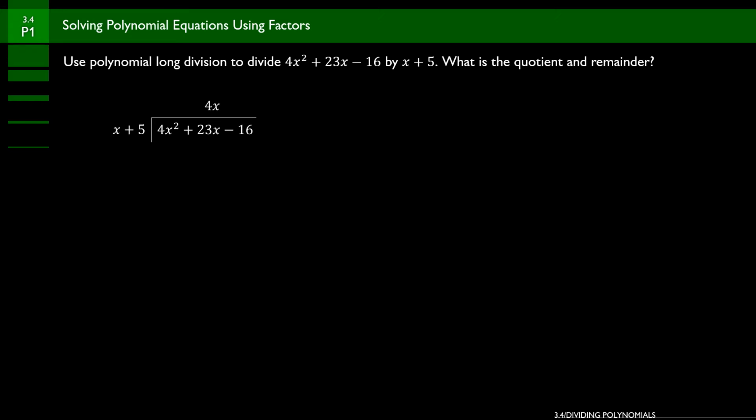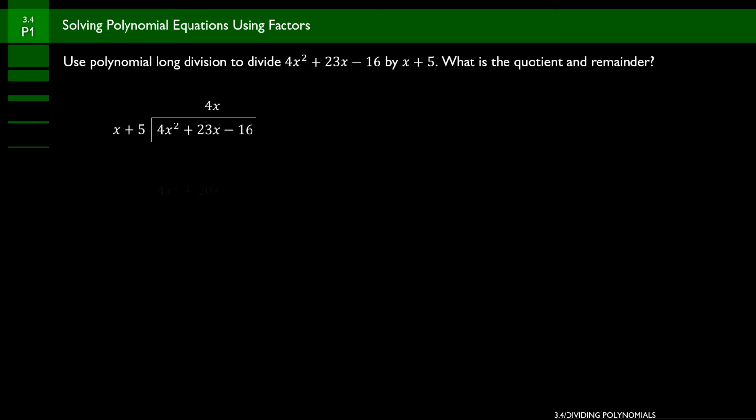So the way we're going to do it is we're going to line up, since 4x has an x to the first, we're going to line up that 4x to the first over top of the x to the first term in the dividend. Now, multiply the 4x through, or distribute the 4x through to both the x and the 5.